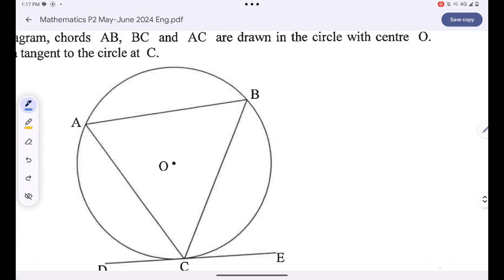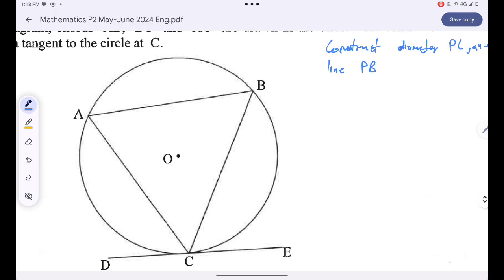Before we start proving, the first thing we need to do is to construct a diameter. Let me call it diameter PC, and also construct chord PB like this.